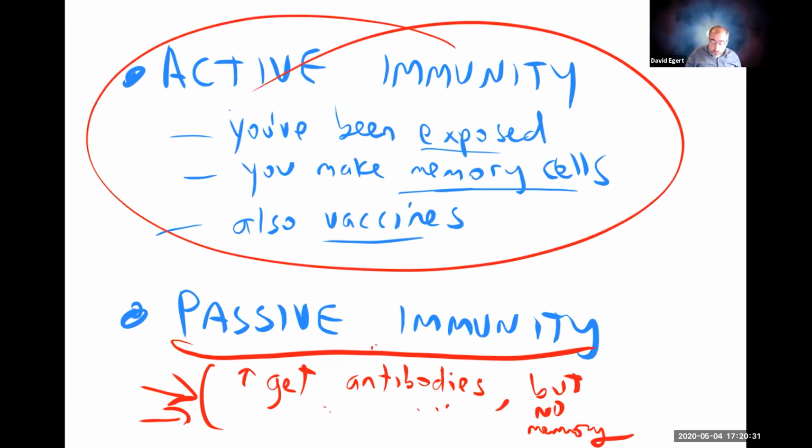One cool thing about passive immunity is that antibodies are secreted in mother's milk. When a baby is nursing, the baby can actually get antibodies from the mom. Whatever the mom is protected from, she can confer to the baby through passive immunity.